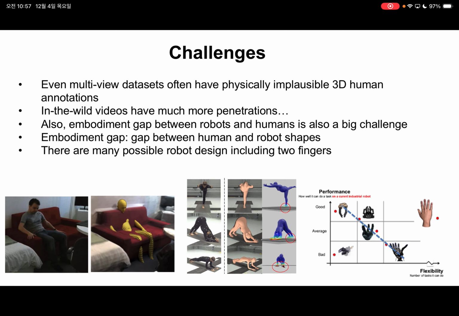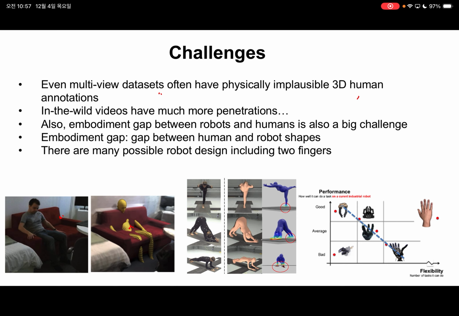But as you can see, even multiple datasets often have physically implausible 3D human annotations. If you have this kind of multiple datasets, you might get this kind of 3D human annotation. In terms of only the human, the 3D human pose is almost the same, but there is something physically implausible, right? This human is penetrating inside of the couch.